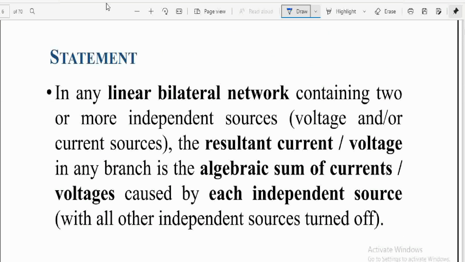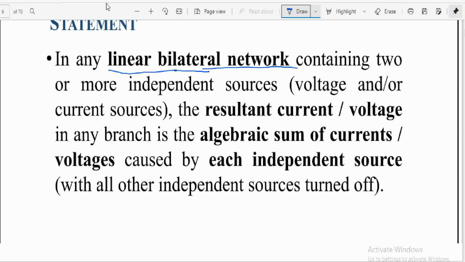The statement of the superposition theorem. Remember this one, this is very important. The superposition theorem: in any linear bilateral network containing one or more independent sources, that may be voltage and/or current sources, the resultant current or voltage in any branch is the algebraic sum of the currents or voltages caused by each independent source, with all other independent sources turned off.